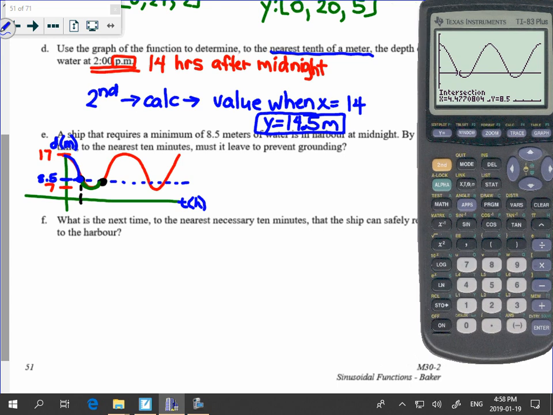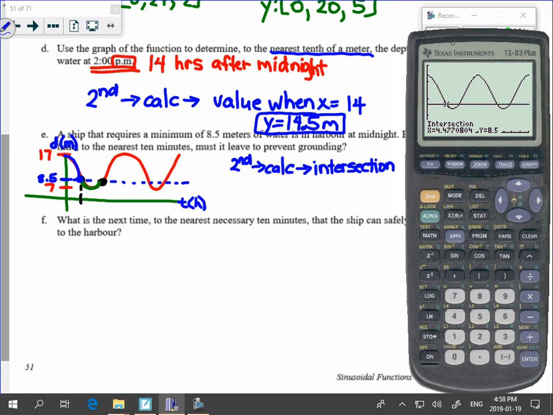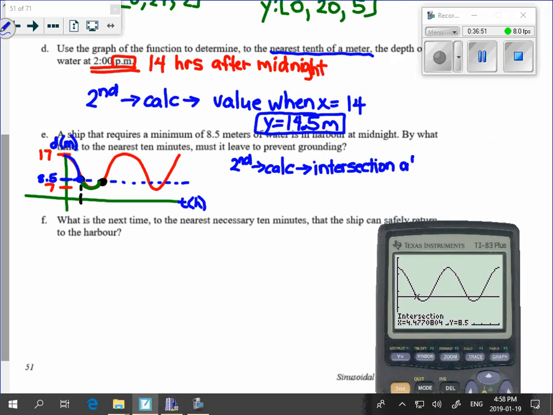So let's just make ourselves a note of what we did here. Second, we calculated an intersection point, and the intersection point was at 4.477. Okay, but this time is being measured in hours, right?